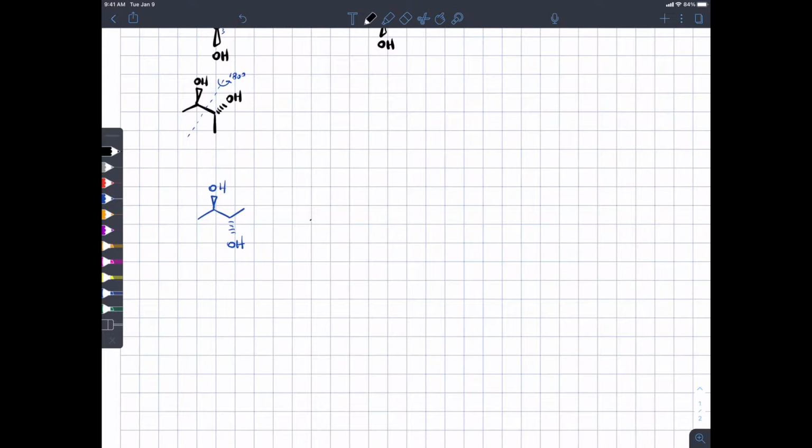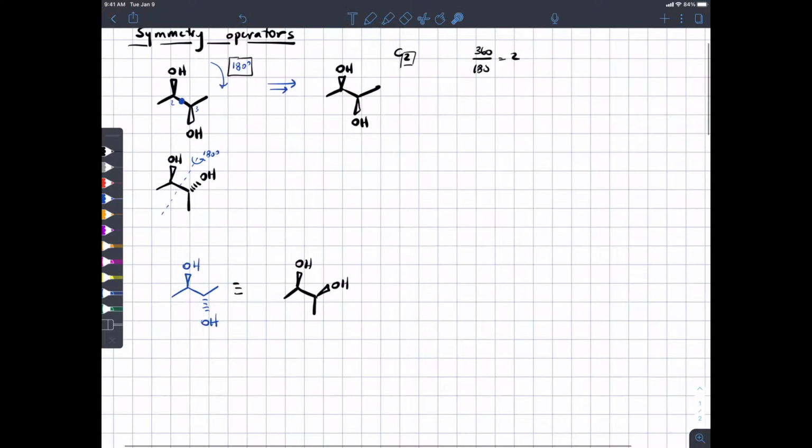But in reality, it's got a mirror plane of symmetry right here, and so the molecule's achiral no matter which conformation you draw it in. Okay. Now that's not going to be true if rotation around a carbon-carbon bond is restricted. In general, rotation around carbon-carbon single bonds is fast, but there are some cases where it's slower, and I'll give you some examples of that a little bit later.